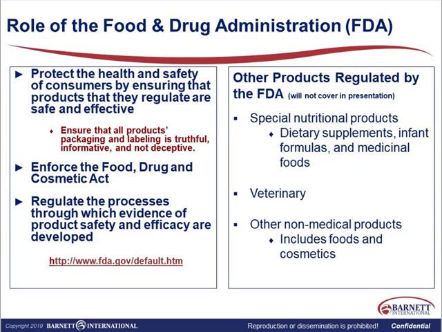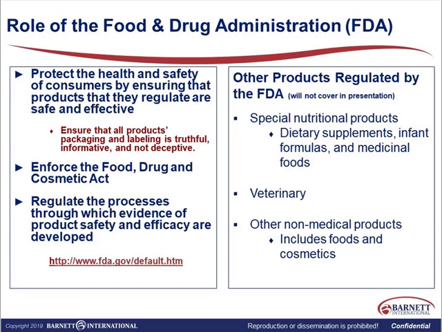So when we look at the labeling for drugs and devices, that information regarding the use of that drug or device has been collected from clinical studies. The FDA also enforces the Food, Drug, and Cosmetic Act. They also regulate processes in which they review both product safety and efficacy as they're being developed.